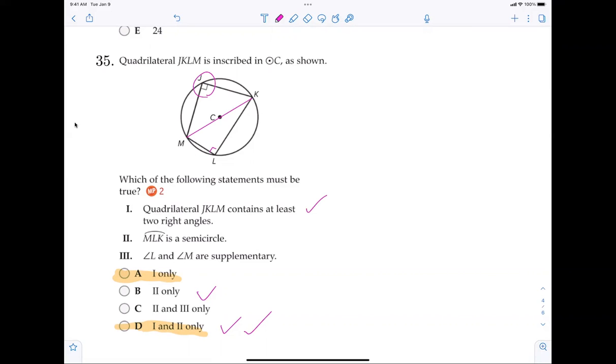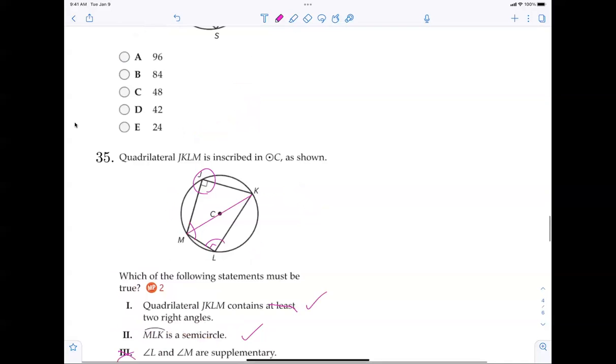All right, now I'm not sure, at least 2 means it could be 2, but is there 3 or 4? I think it should say quadrilateral has 2 right angles. All right. Is everybody okay? That's okay, right? Everybody's good with number 1? So is MLK a semicircle? Yeah, most definitely, right? And it doesn't say anything about adjacent angles, correct? So that one's not true. So I'm happy. D is correct on that.